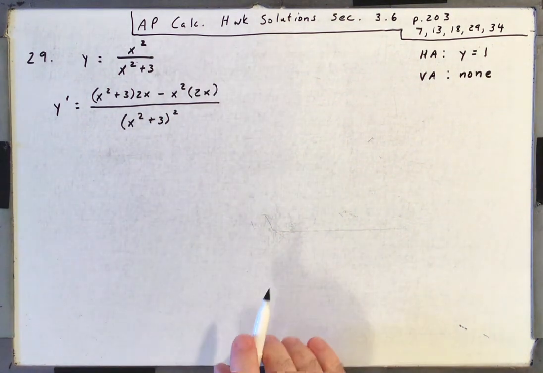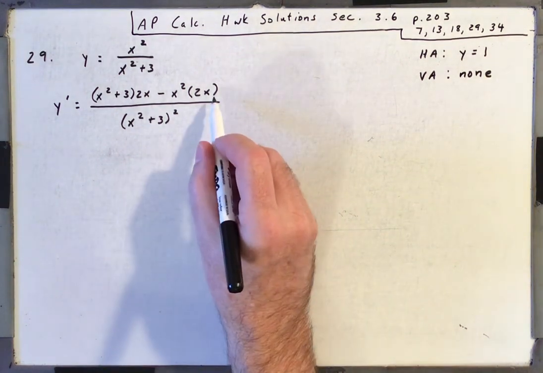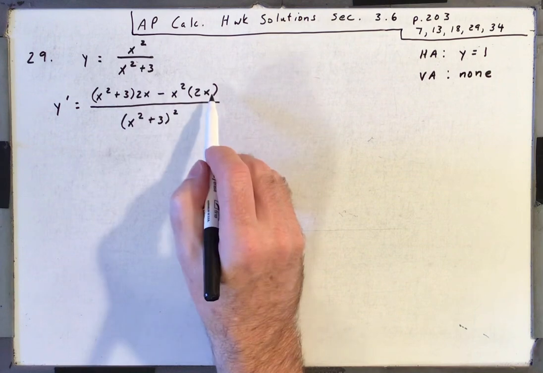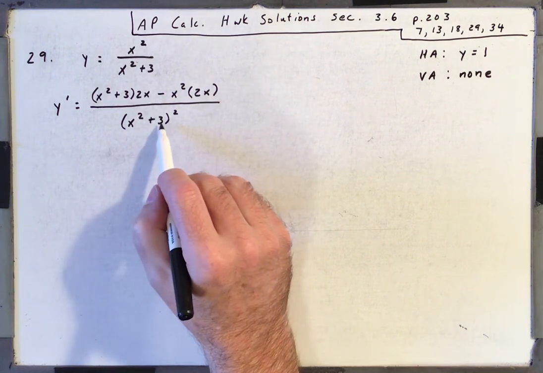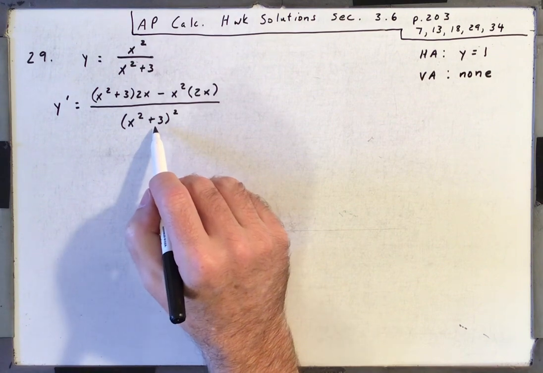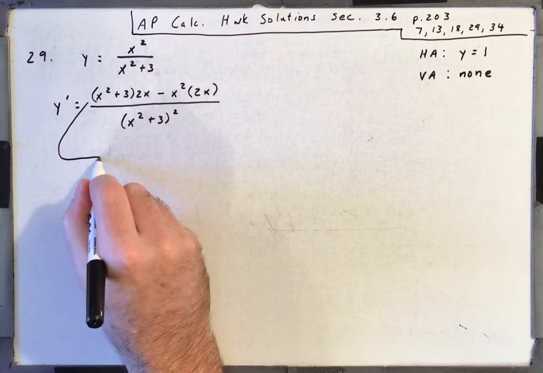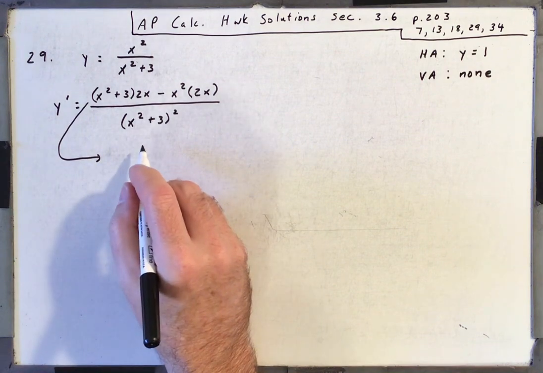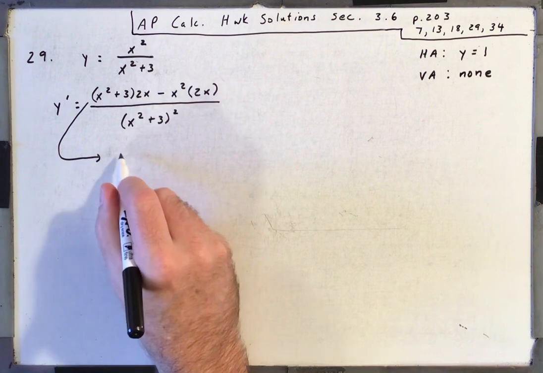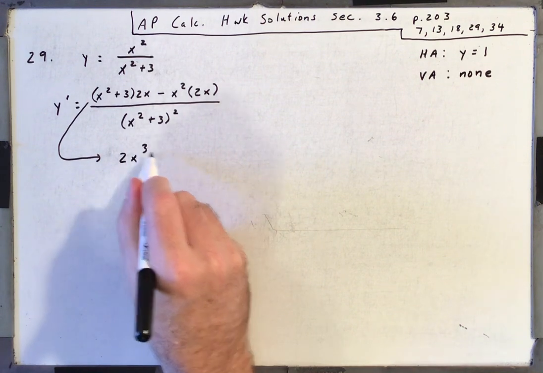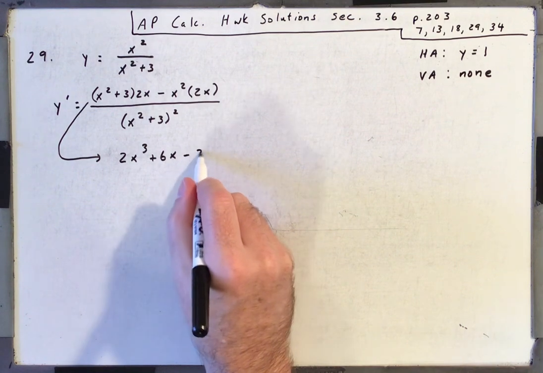Now I'm going to try. Where this function is 0 is where the top is equal to 0. The bottom is never going to be 0. So let's clean up the top. Distributing, I would have 2x^3 plus 6x minus 2x^3.